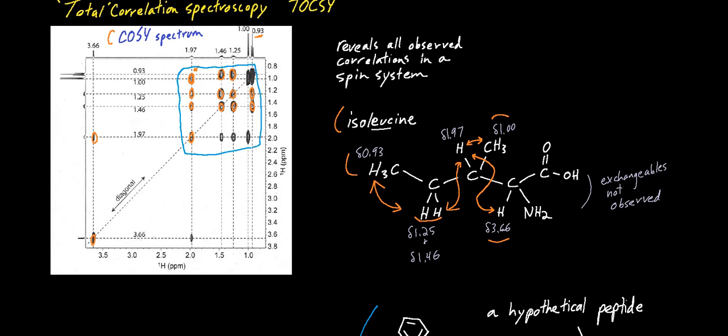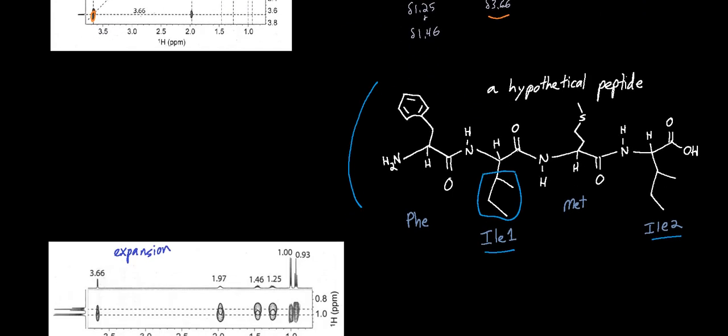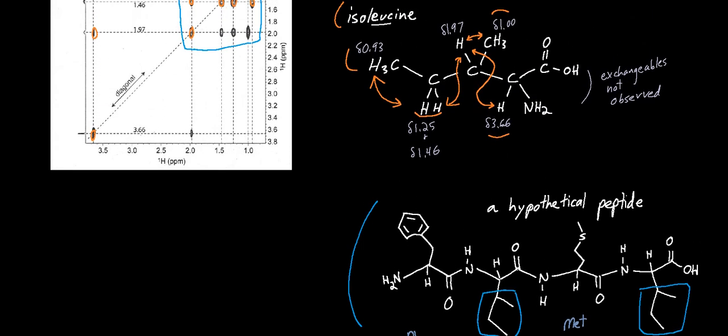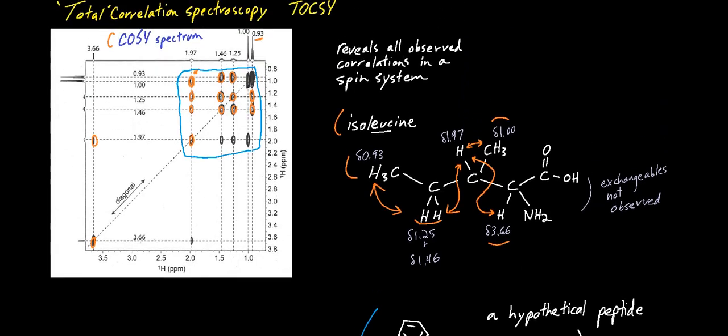So imagine if we had another isoleucine down here, that had another whole set of those. Odds are what we're going to see is a bunch more signals in this region. Everything's sort of a lot of overlap. So you get kind of quite a mess like that.